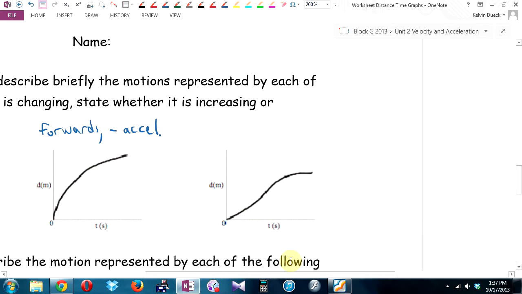What about here? Direction. Forwards. The whole time? What's going on with that shape? Sort of. It starts accelerating, but then starts decelerating.